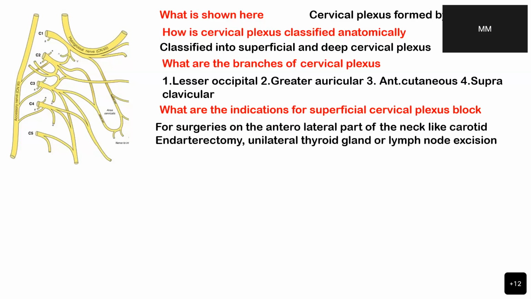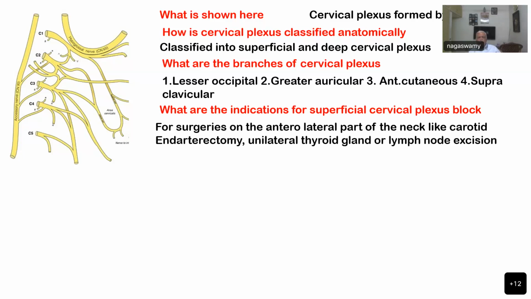Very good. For surgeries on the anterolateral part of the neck, like carotid endarterectomy, that is the first and foremost indication, especially in elderly people where you don't want to give GA. Carotid endarterectomy is a very, very important indication. And the unilateral thyroid gland, because you are not supposed to administer, especially bilateral deep cervical plexus block.